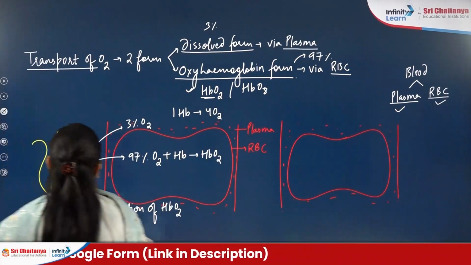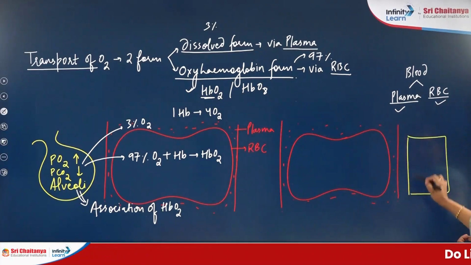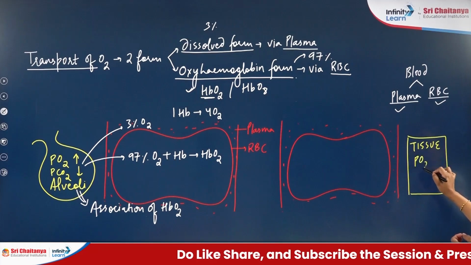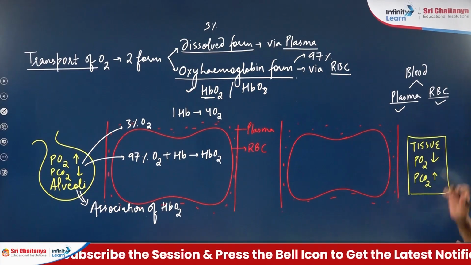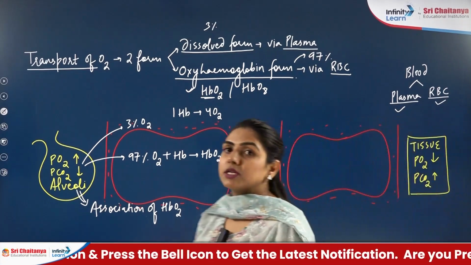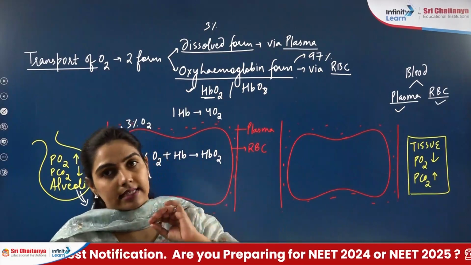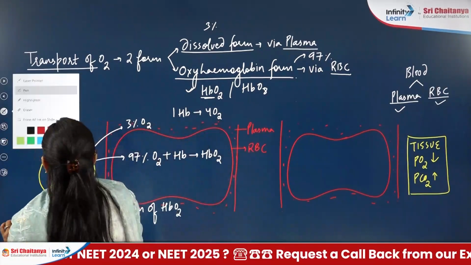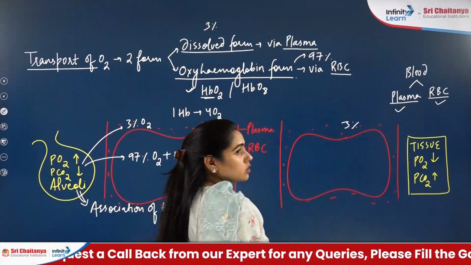So now let us draw the tissues here. In the tissues, partial pressure of oxygen is less because carbon dioxide is getting evolved. So partial pressure of CO2 is more and partial pressure of O2 is less, right? Now, in this blood, 3% of oxygen is present in the dissolved form.